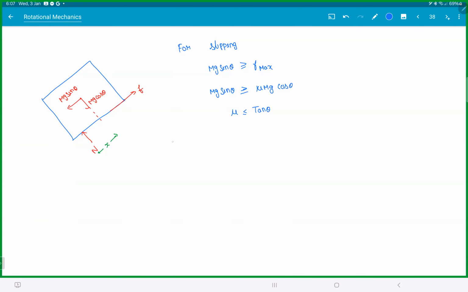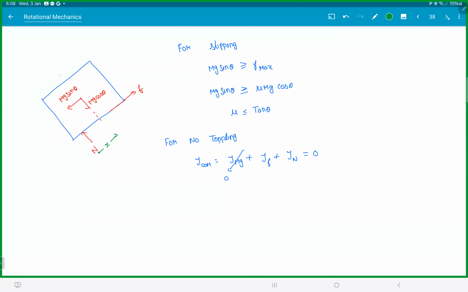Now, you don't want to topple. For no toppling, that means torque is 0. I will take torque about the center of mass. So that will be torque due to mg, torque due to friction, torque due to N equal to 0. mg is gone.